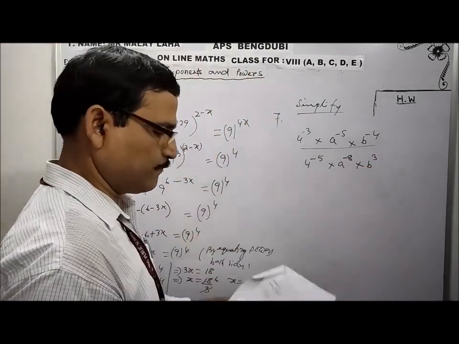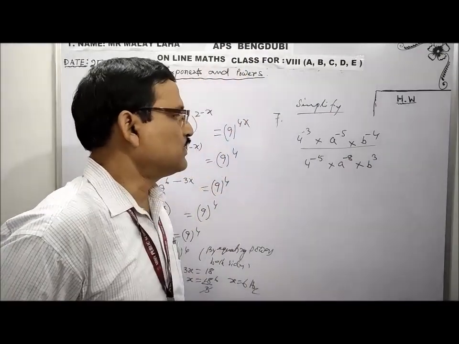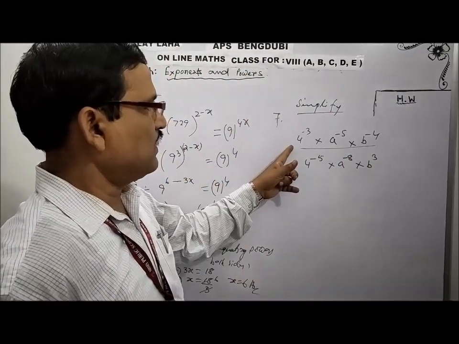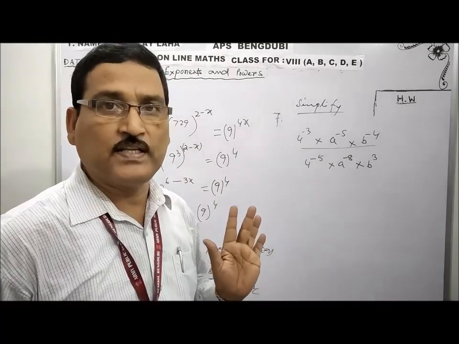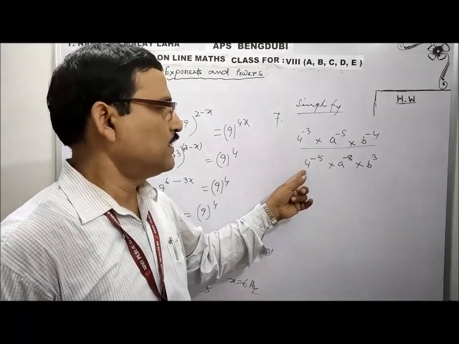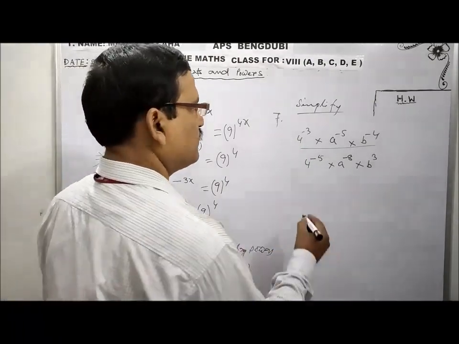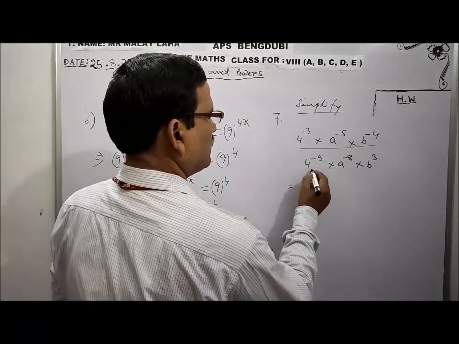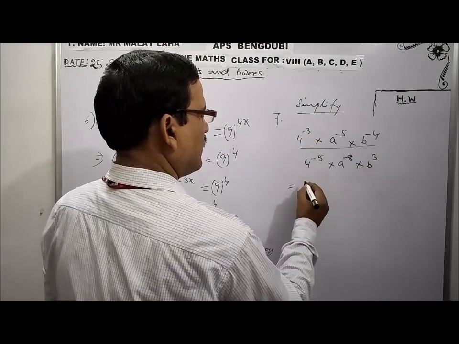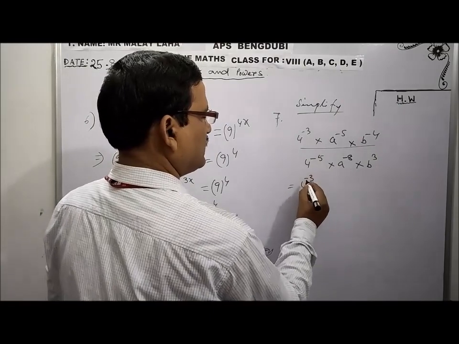Now I told you none of the numbers will be in composite form, but 4 is composite. So in both cases 4 is there. So no need to convert into prime factors here, because already similarity is there. What to do here? So these will be in divide form, all will be divide form. Okay. So 4 raised to minus 3.